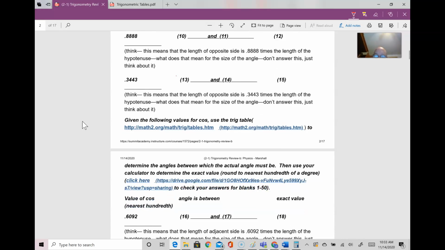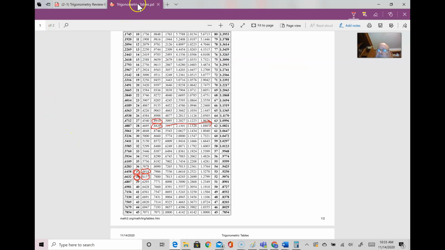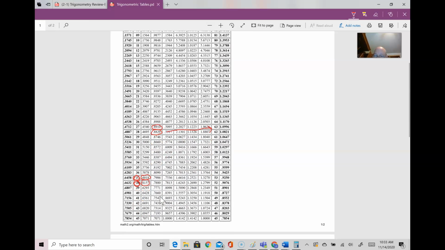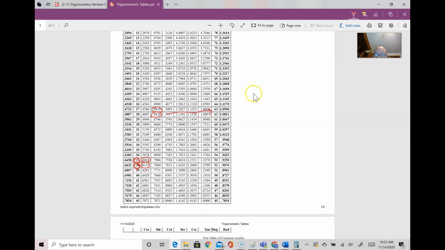Okay, and here's the cosine one. If we go to our trig table and we look at the cosine column, 0.6092, I realize I get down to an angle of 45 degrees, and I haven't gotten to 0.6092 yet. I'm going to have to find that for the opposite side here, for the larger angles.